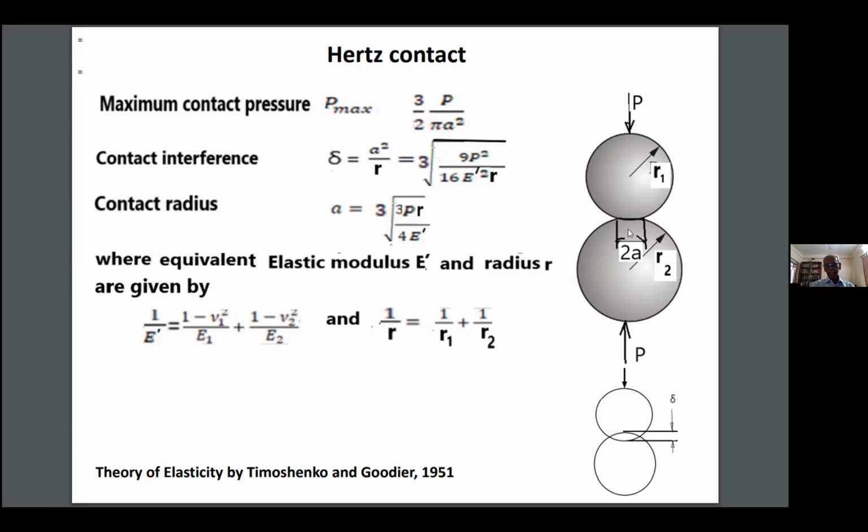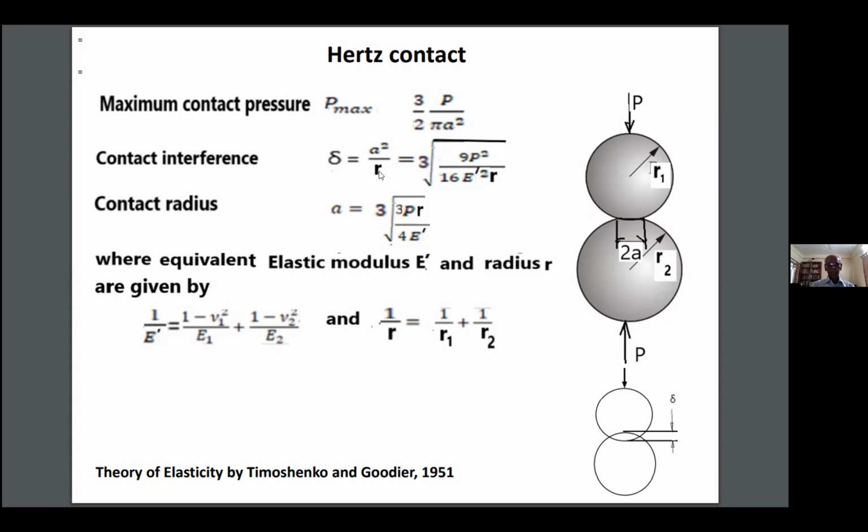And delta, which is the deformation, as we press two deformable bodies, for example, when one penetrates into another. Suppose a rubber ball penetrates onto a steel ball, then the penetration will be delta. And this delta is given by Hertz theory as a square by r.